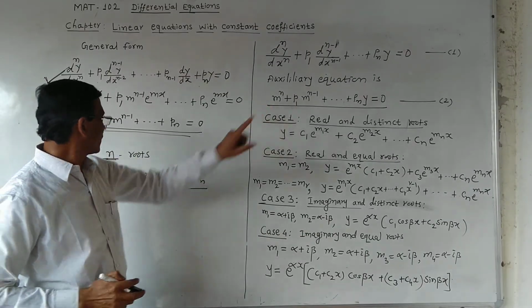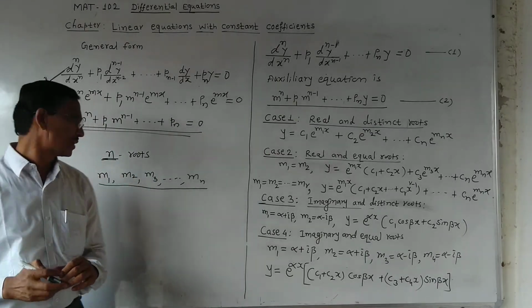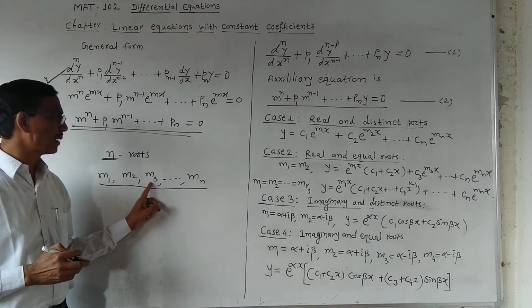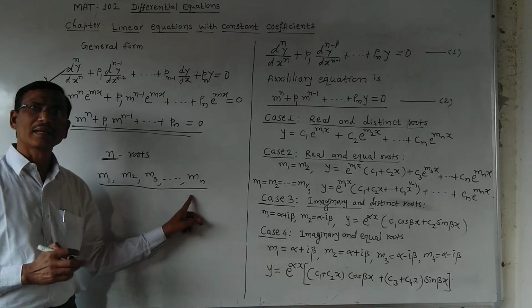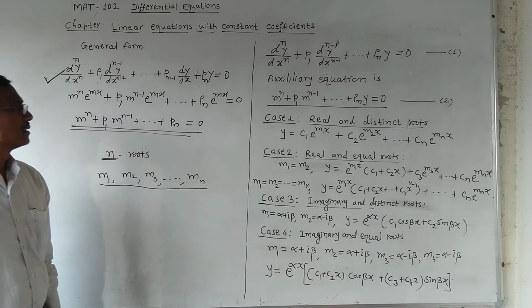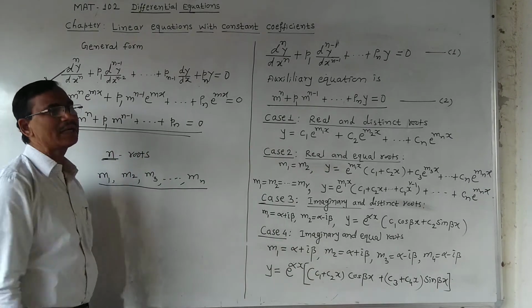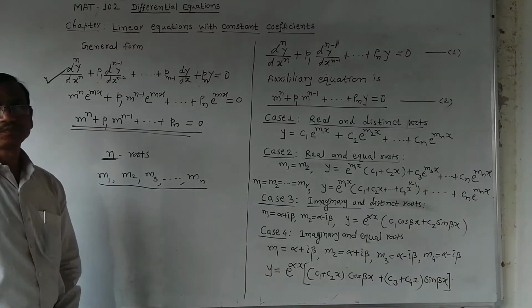This auxiliary equation has n roots, which are denoted by m1, m2, m3, up to mn. As a first case, we shall consider that these roots are real and distinct.